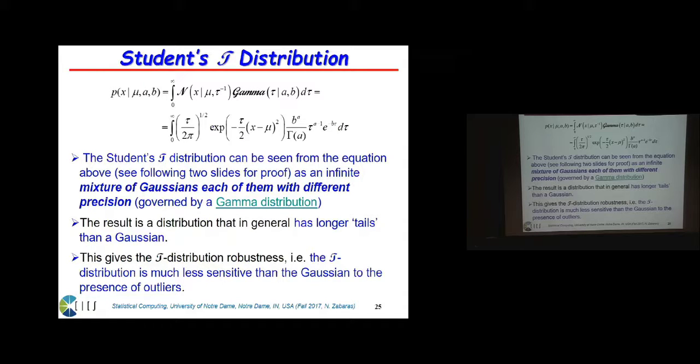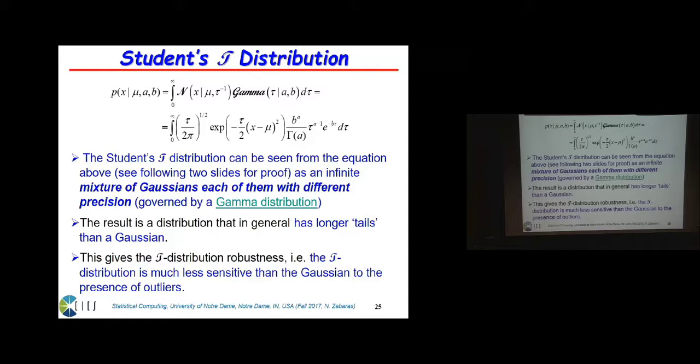So where does the student t distribution come from, and why is it important to have it as a special distribution? Well, here is where the distribution comes from. This is an extremely important formula. You don't need to remember it, but you need to remember what the formula implies. To get a student t distribution, you need to average an infinite set of univariate Gaussians.